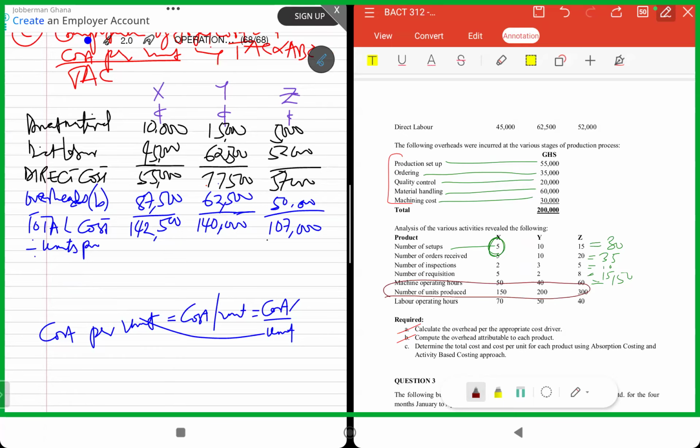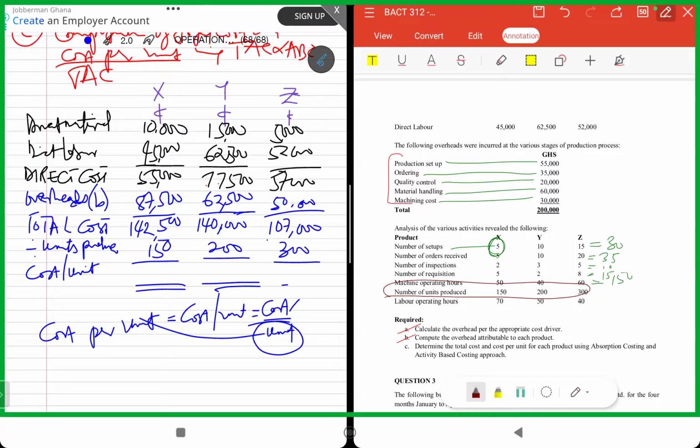So X, how many? 150. Y, 200. And Z is what? 300. So now, cost divided by the unit gives us what? Cost per unit. So find the cost per unit for me.